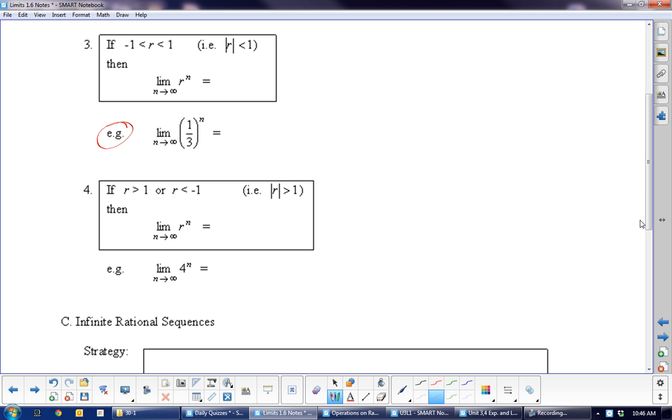This is the same thing as 1 over 3 to the n, correct? Now you could say 1 over n, fine, but 1 over n is going to equal 1. So what is this going to equal? This will equal 0 as well.